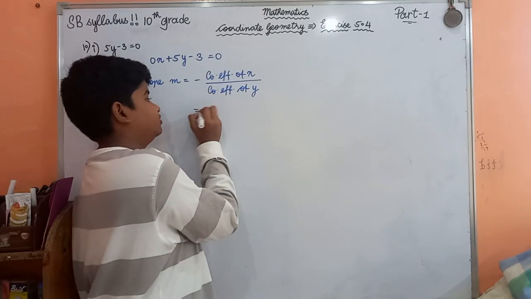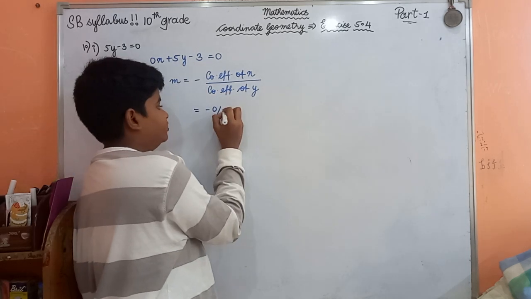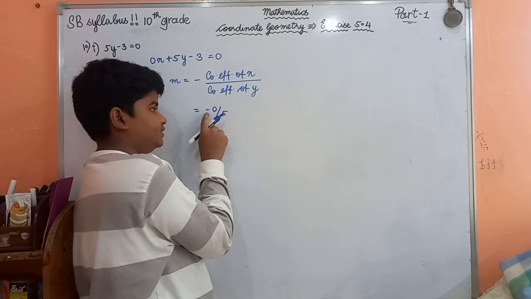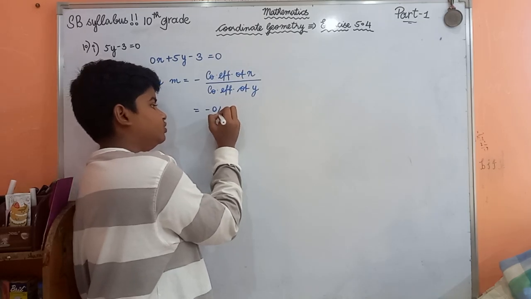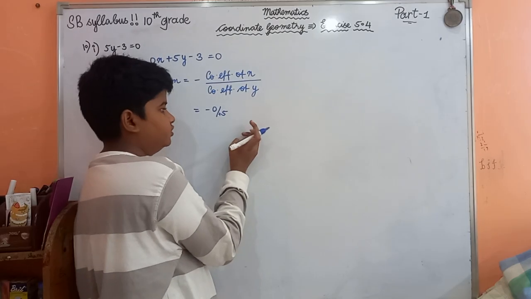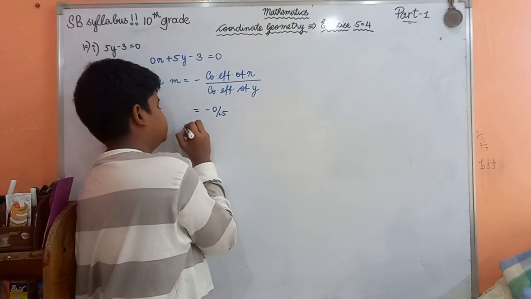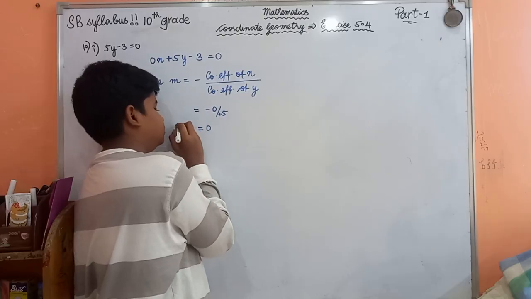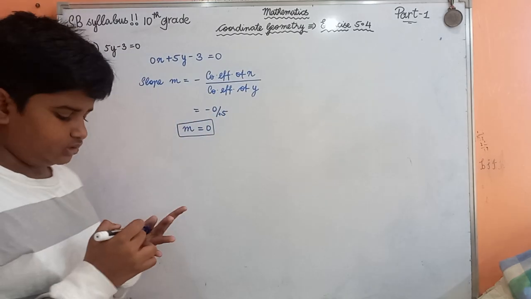It's 0, so minus 0 by 5. Since this is on the negative side, the minus cancels, and we get m is equal to 0. The slope is 0. So this is the first sum's answer.